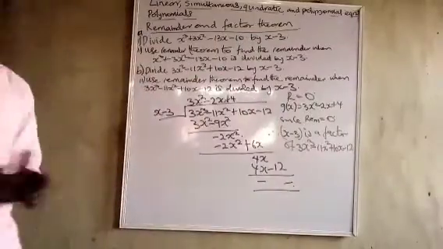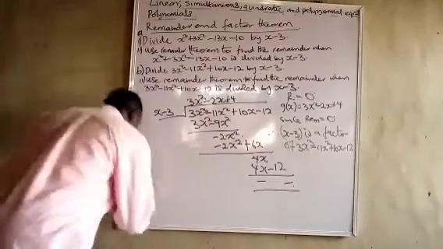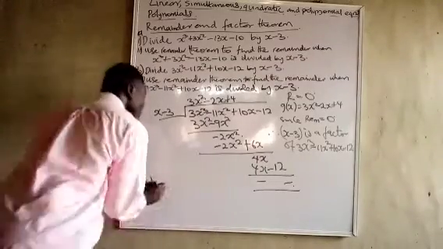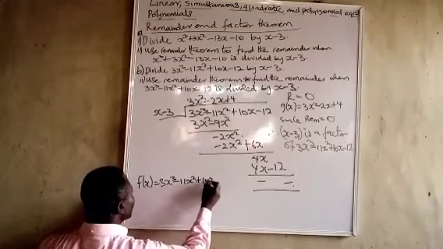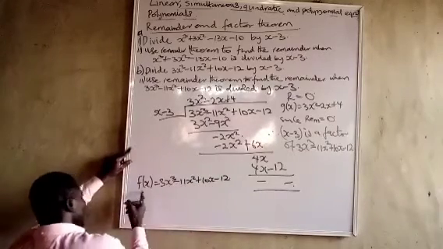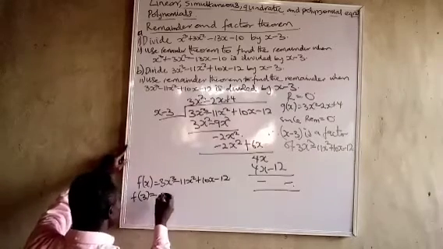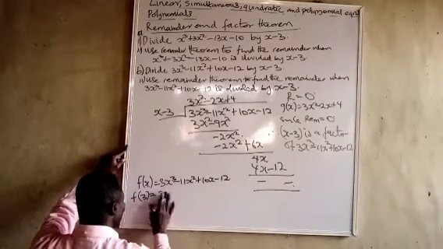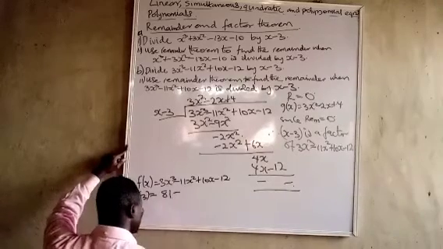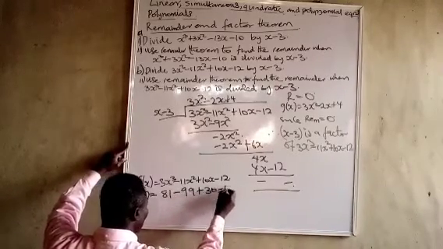Now, if I use the remainder theorem, what will that be? f of x is equal to 3x cubed minus 11x squared plus 10x minus 12. So, f of 3 will be equal to 3 times 27, that's 81, minus 11 times 9, 99, plus 30 minus 12.